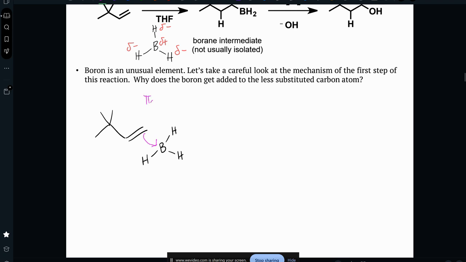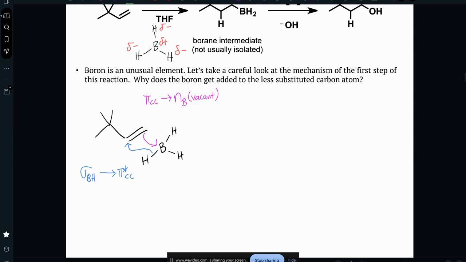So I have pi CC donating to the empty non-bonding orbital on boron, but similar to some other reactions we've seen, at the same time, I'm going to have donation to pi star CC. And this one might surprise you, but because of the low electronegativity of boron, it's the sigma BH bond that is a good enough donor to attack pi star CC at the same time.